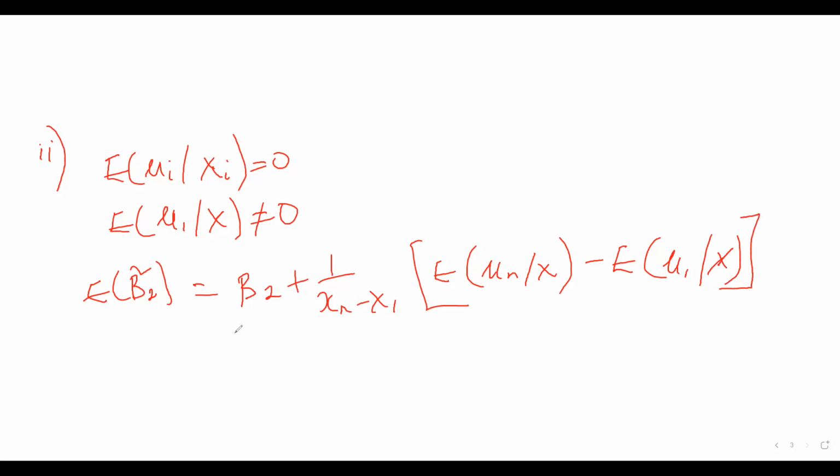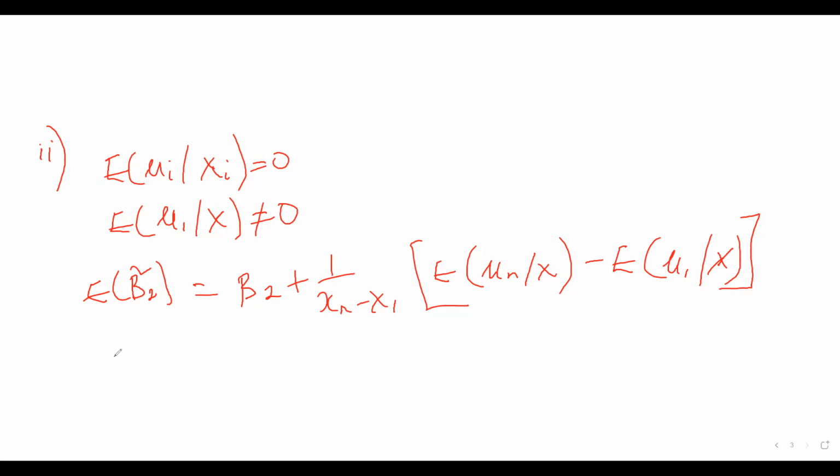right? Now, because this guy is 0, and this is no longer equal to 0, yeah? You see? It's no longer equal to 0, so this can no longer go to 0. This can no longer go to 0. So we are going to be left with what? That the expected value of beta 2 tilde is the whole of this guy.